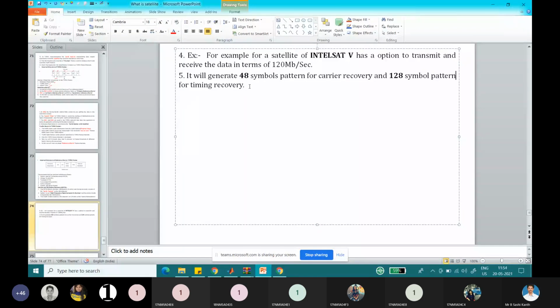These are all generated near the satellite, at the transponder and demodulator, and near the earth station also there will be the same thing. I'll write in terms of pointers.